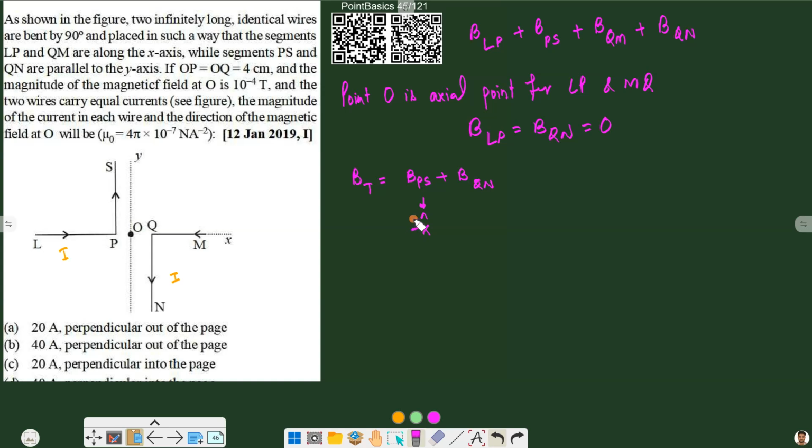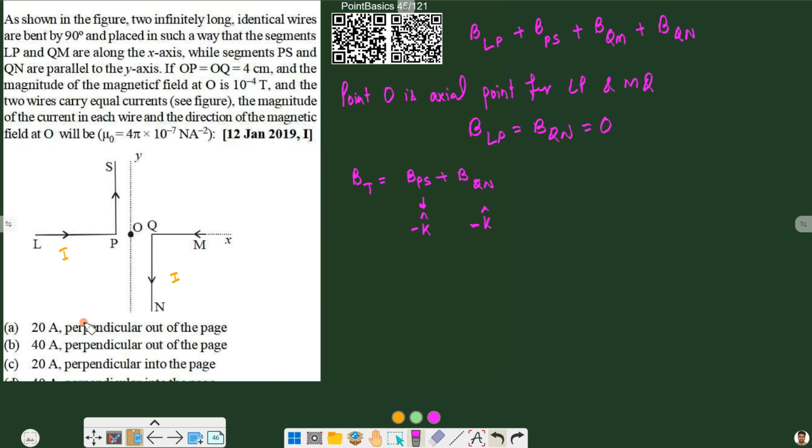And for QN, current is going downward, and using the right hand screw rule, we can easily find out that magnetic field on its left side will be going into the page, or again in minus k. So here total field will be going into the page and not out of the page.